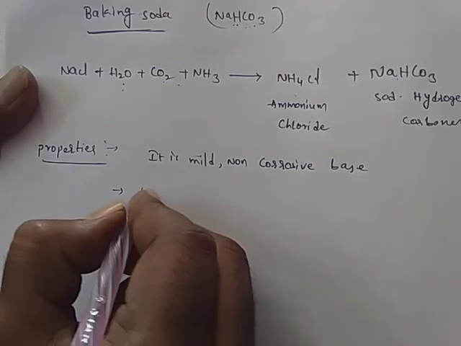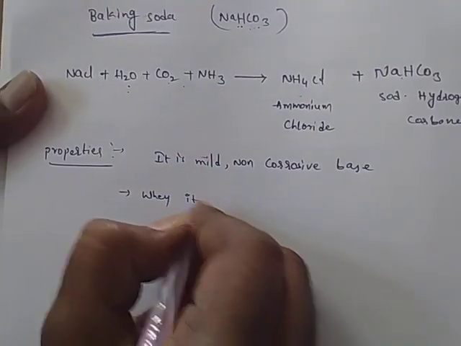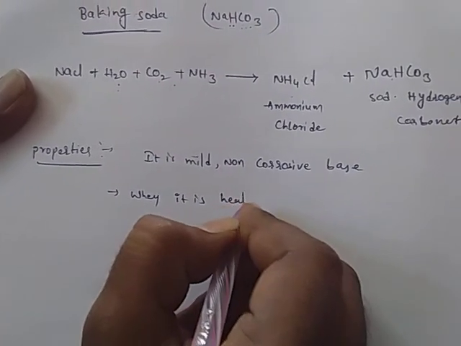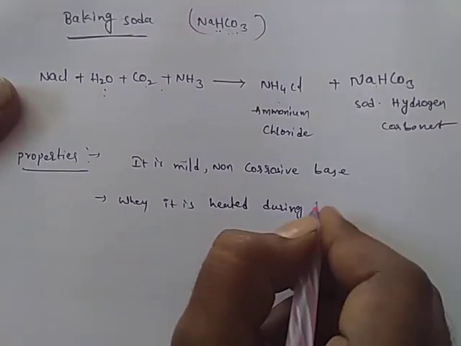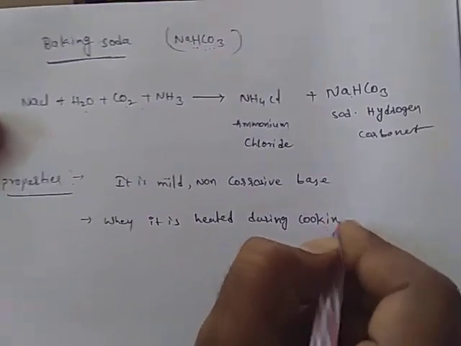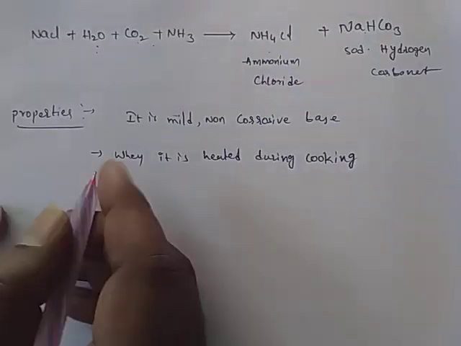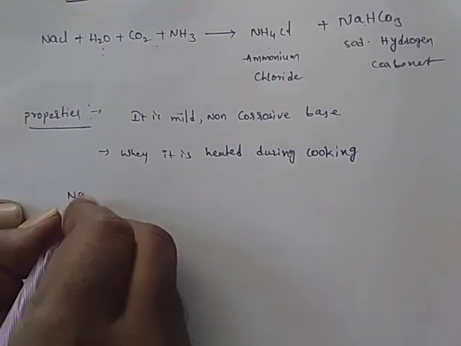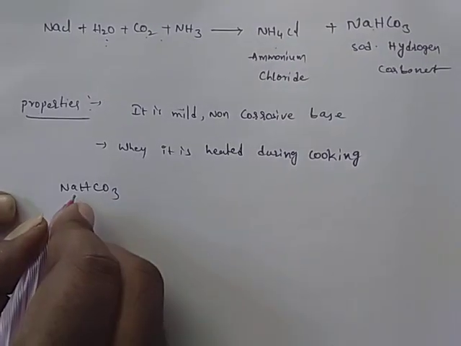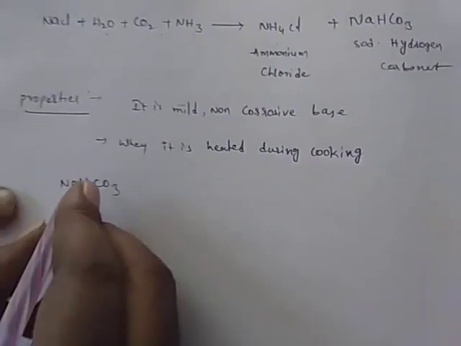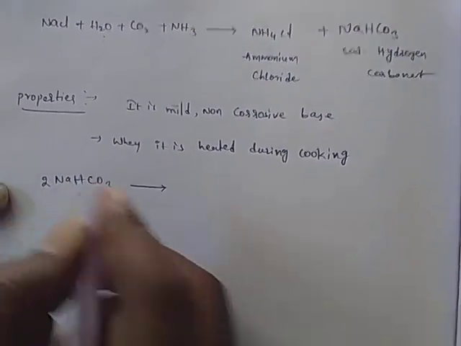And next, when we heat it, what will happen during cooking? When it is heated during cooking, it is decomposed. Sodium hydrogen carbonate, when we heat it, decomposes into sodium carbonate, water and carbon dioxide. This is NaHCO3, the formula of baking soda. Here we take 2 moles of sodium hydrogen carbonate.